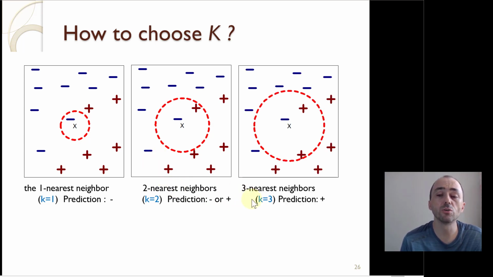Now, if we choose K equal 3, we take the 3 nearest neighbors, the points that are the closest to X. So we have 2 plus and 1 minus. So now the prediction will be plus. What I want to show you here is simple. Depending on how you choose K, you can get different results. Here the prediction is minus, here minus or plus, or here plus. So how to choose K influences the result. The classification will be good or not.